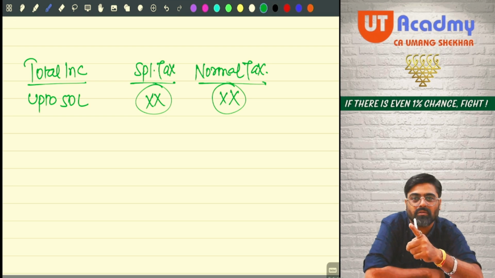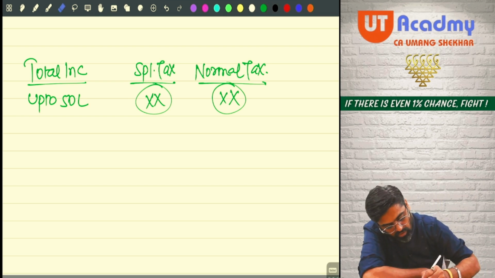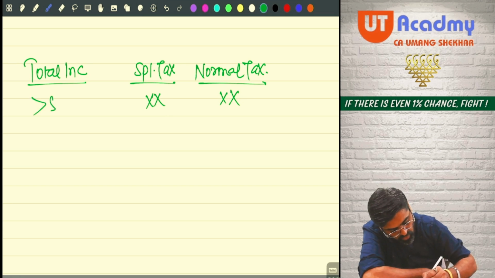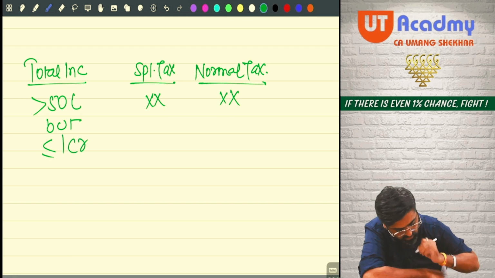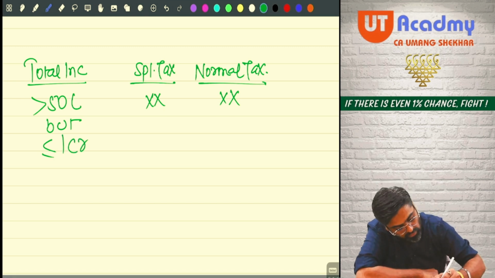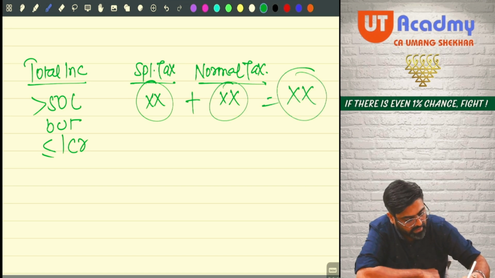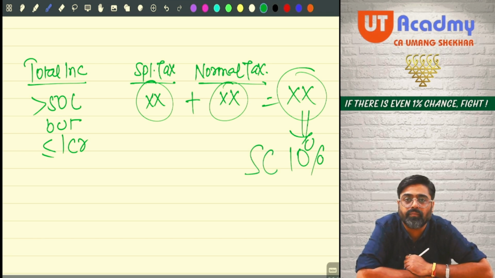Will you remember this? Now what if your total income is more than 50 lakhs, but it is up to 1 crore? On this tax plus this tax, on the total tax, you are supposed to apply 10% surcharge, yes or no?